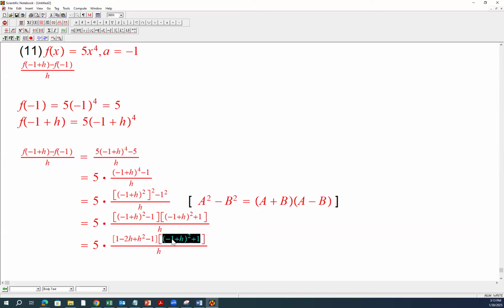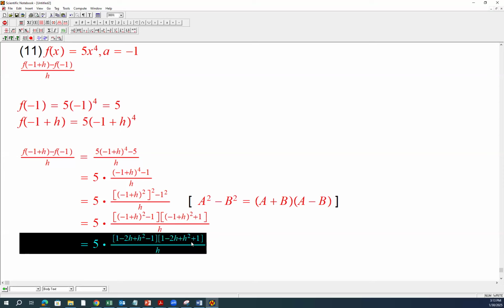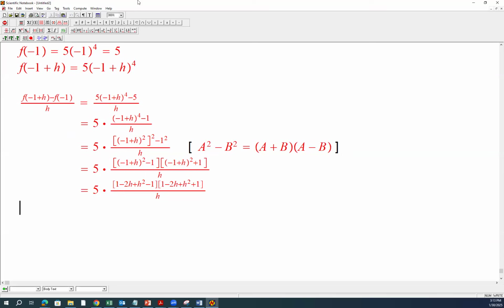On this piece it's going to be the same thing, 1 minus 2h plus h squared, because they're both -1 plus h squared. And be patient. This is really the perfect opportunity for you to review all the algebra you've done before and get ready for calculus. I cannot repeat that more.